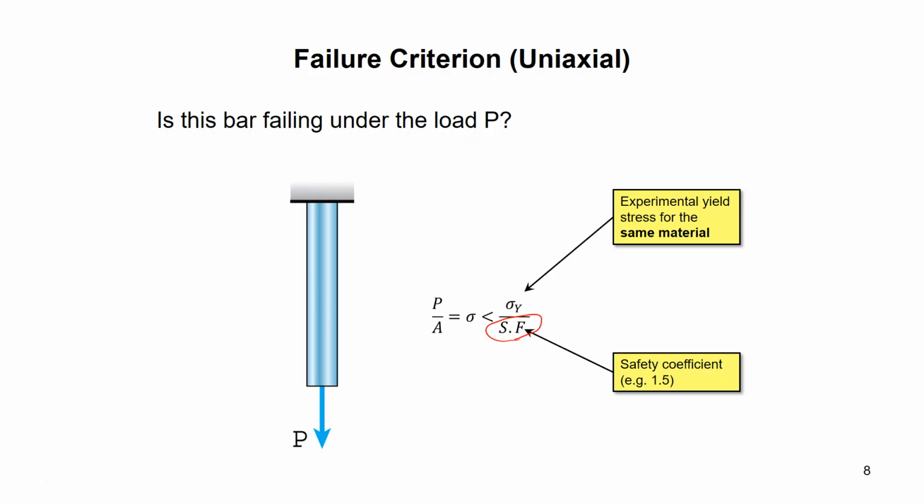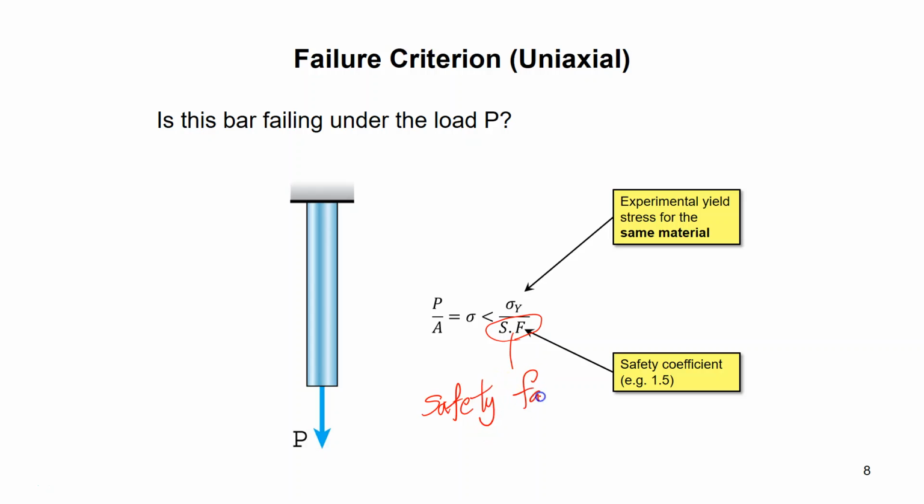For example, if that number is 2, what does it mean? It means my stress is never past half of sigma y. In other words, I'm just using 50% of the capacity of the material. The other 50% of the strength of the material, I keep it as a safety. I'm not going to use it. So this number in the denominator, this number which is more than 1, we call it a safety coefficient or safety factor.